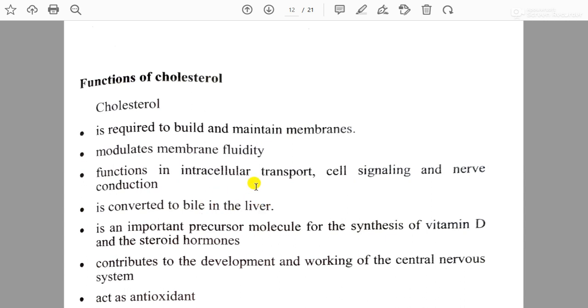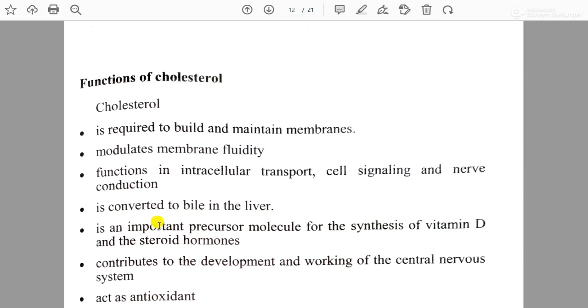You know that cholesterol is stored in the liver, so it is converted to bile and stored in the liver, and it is an important precursor molecule for the synthesis of vitamin D and the steroid hormones.